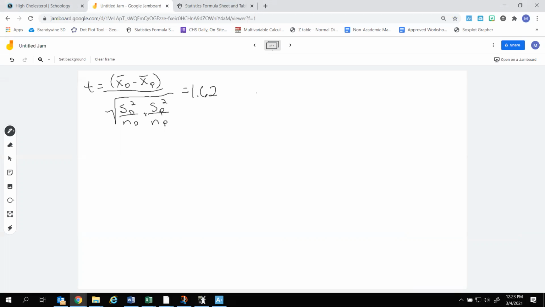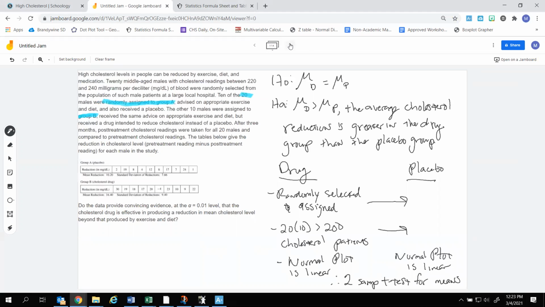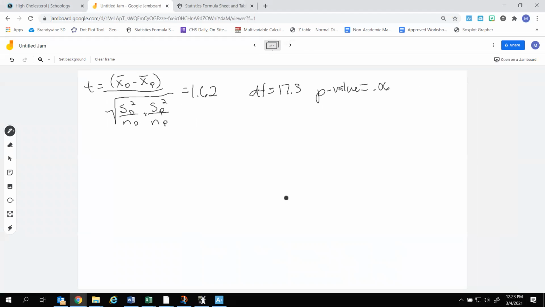Our degrees of freedom given to us here is 17.3 and a p-value of 0.06. Our alpha level is 0.01.